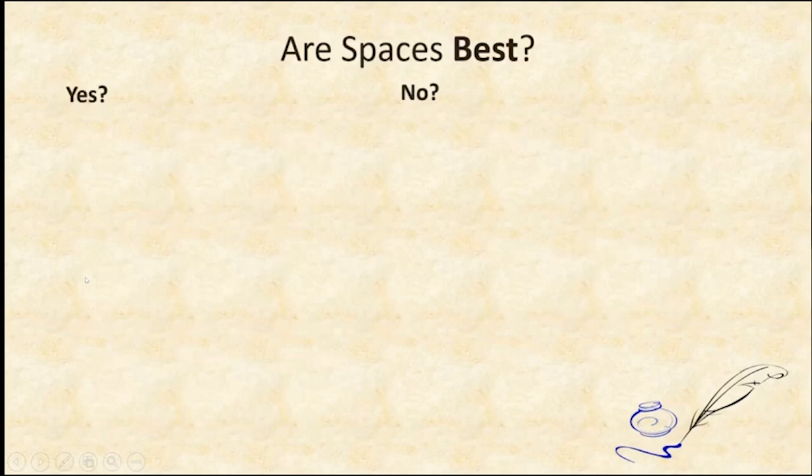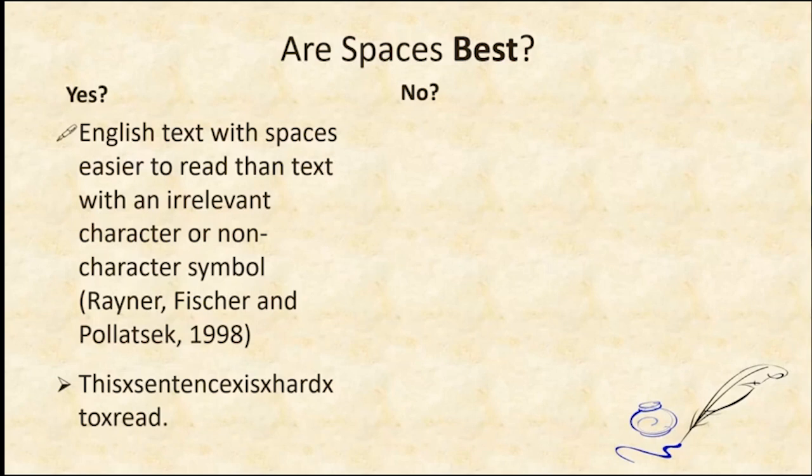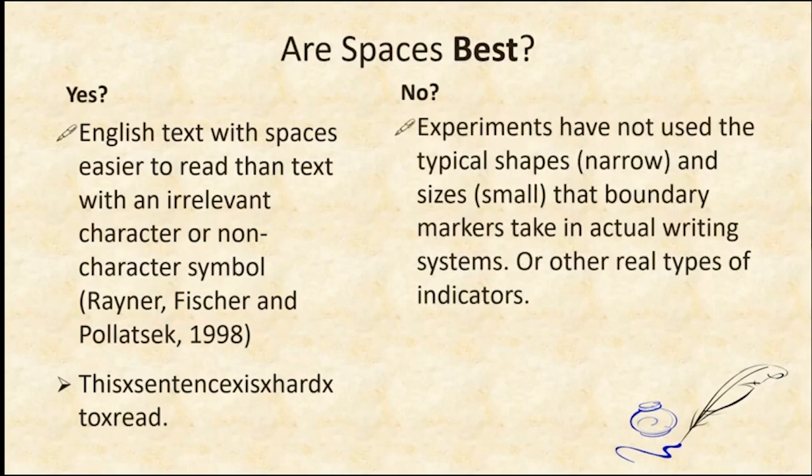Another question, we've seen various kinds of boundary indicators. So the question is, are spaces better than other systems? Well, there's some evidence that suggests they may be. English text with spaces is easier to read than text with some irrelevant character and non-character symbol added. So this sentence is hard to read. However, these experiments have not used the typical shapes and sizes that boundaries take in actual systems, or other kinds of actual real-world indicators.